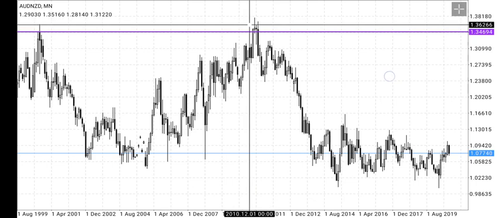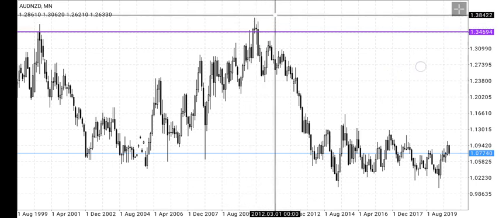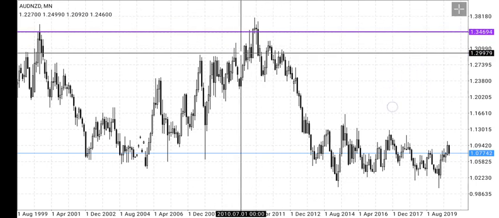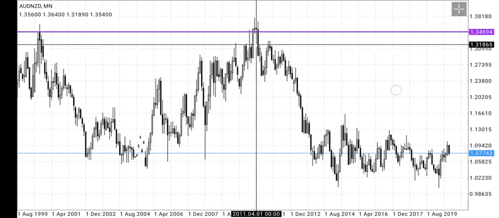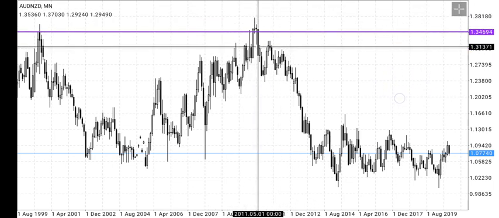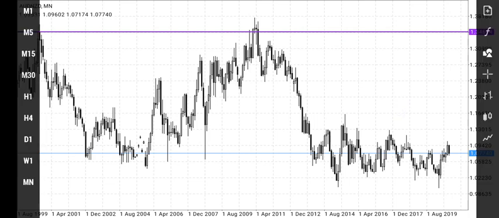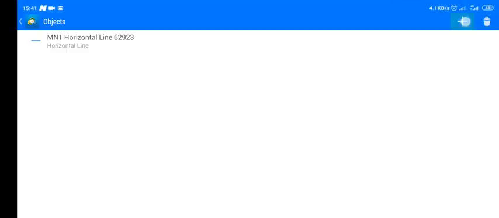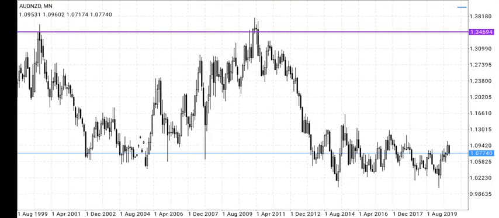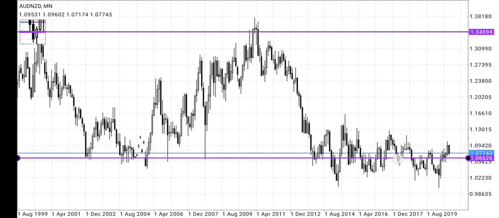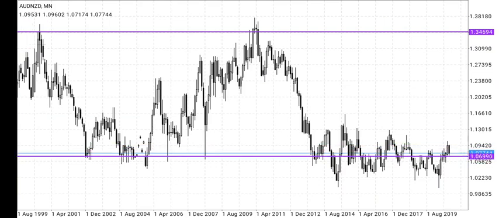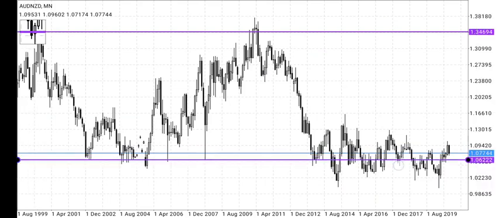All right, we can see price got to this level, you can see it. So this was just a fake breakout. All right, so having drawn out our major resistance, now we're going to draw out our major support. So we can see now this is our major support.